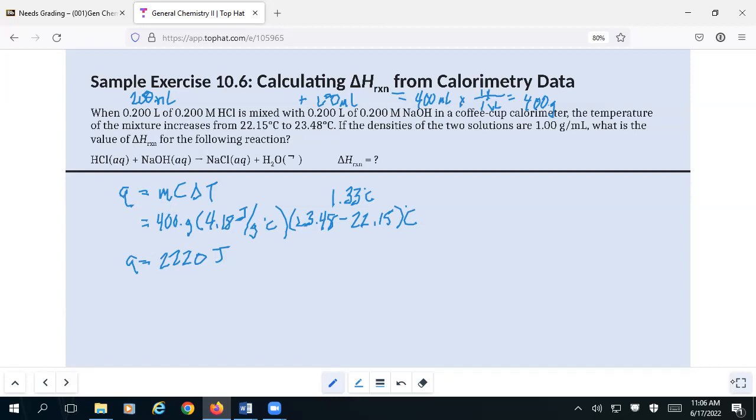And so what we have to remember is that this heat change occurred for the solution. In calorimetry experiments, the heat of solution is going to be the opposite of the heat of reaction, because the solution is part of the surroundings, not part of the system. The system is the chemical reaction itself.